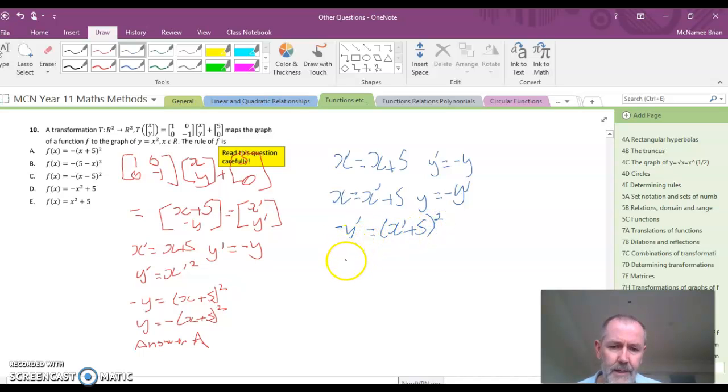Okay, and we can just drop the dashes at that stage and say our transformed equation will be y equals minus x plus 5 squared. It's the same, isn't it?